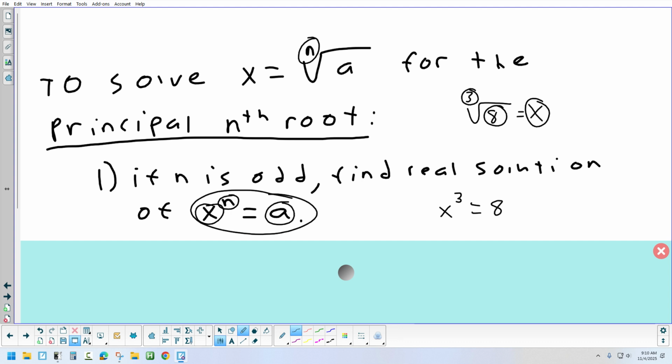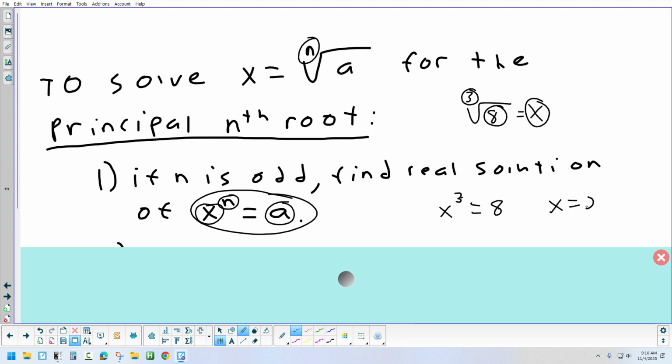That's how you think about doing an odd root. Okay. So in this case, what number could you raise to the third power and get 8? 2. Yeah. So, and if you're not sure how to solve it, you could do it on the calculator. But that's the idea of how you do an odd root.